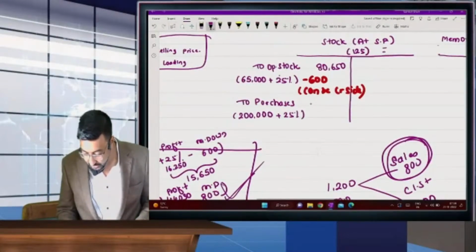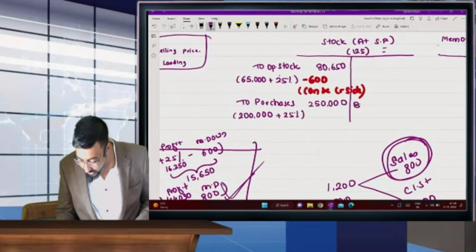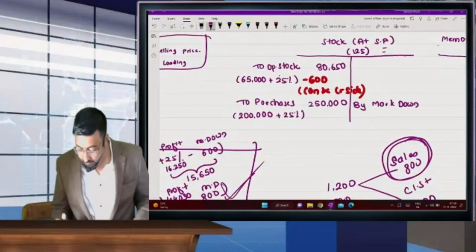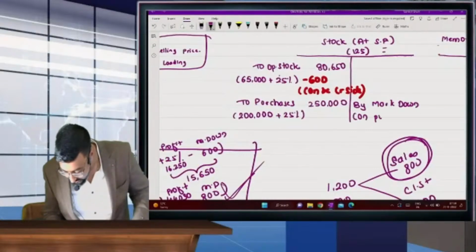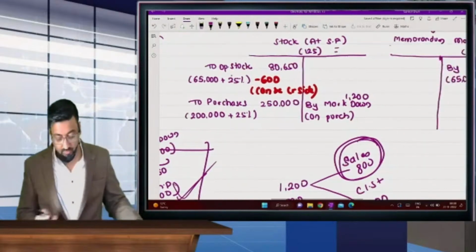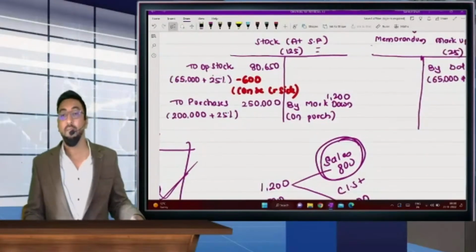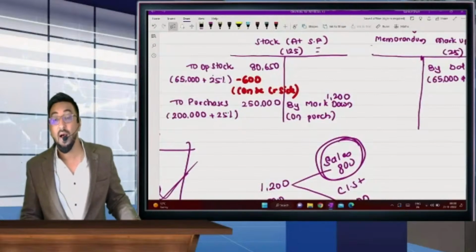So this is 2,50,000. And in purchases, markdown on purchases is rupees 1,200. That I will record here. Okay. Markdown on the opposite side. So markdown of purchases, I will record on the opposite side.